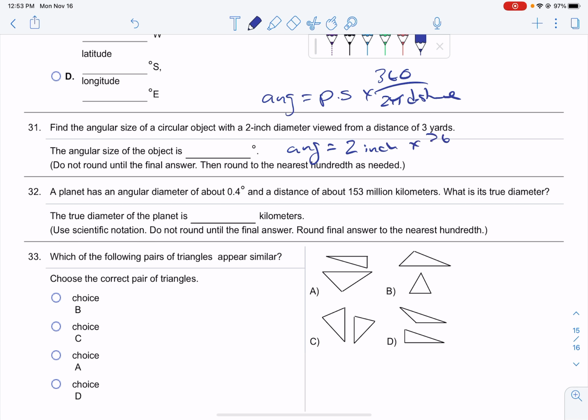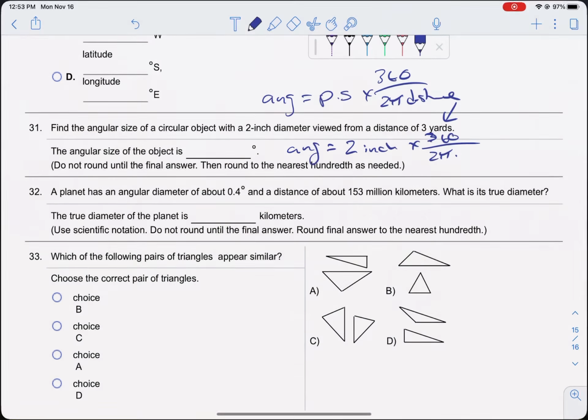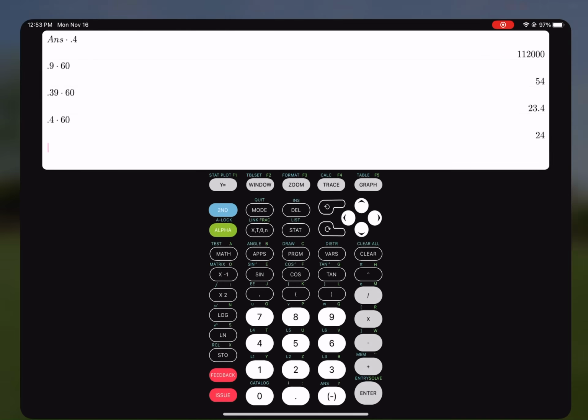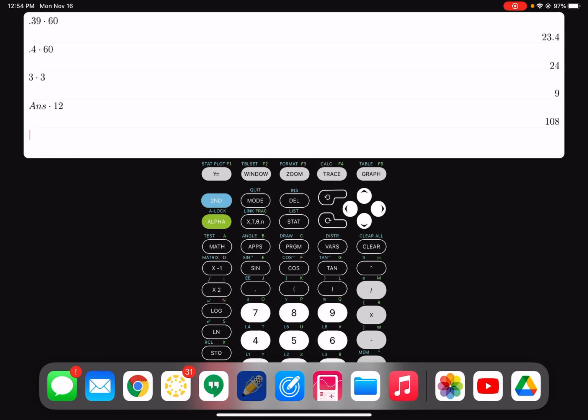But my distance is in yards, and I want it in inches. So I've got to take 3 yards and turn that into feet. 3 times 3 is 9 feet. Then I'm going to turn that into inches, so I'm going to multiply that by 12. So 108 inches.